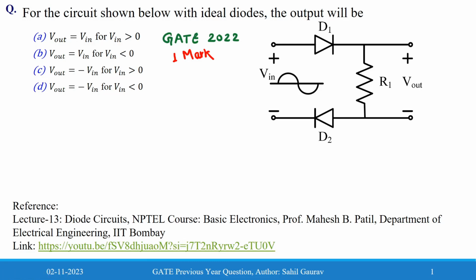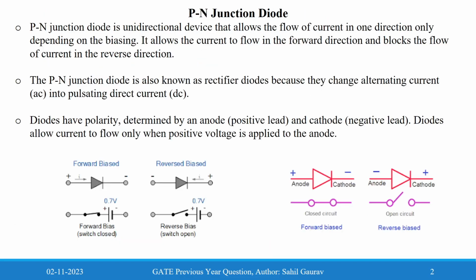Before we solve this problem, let us have a quick recap of diode. So we know that PN junction diode is a unidirectional device that allows the flow of current in one direction only, depending on the biasing. We know that there are two types of biasing, forward bias or reverse bias.